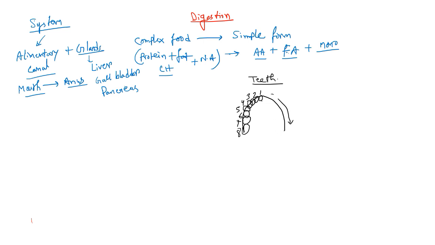At the very beginning, we have the incisors, 1 and 2. Then 3 is the canine. Then we have 4 and 5, which are the premolars.